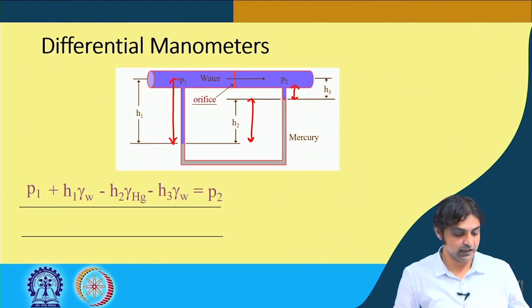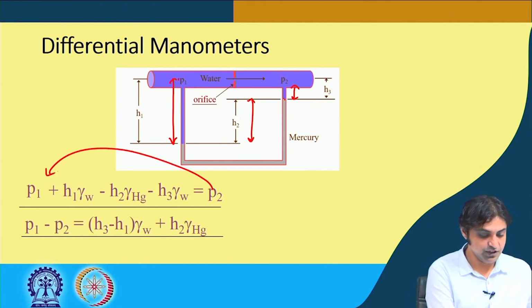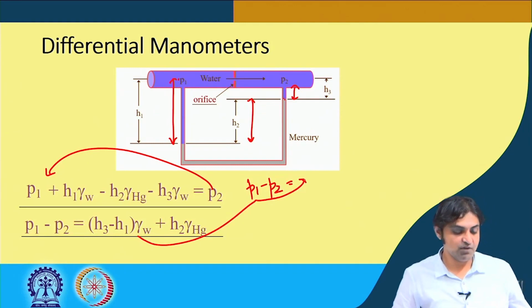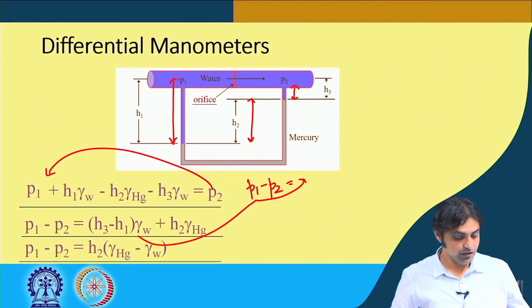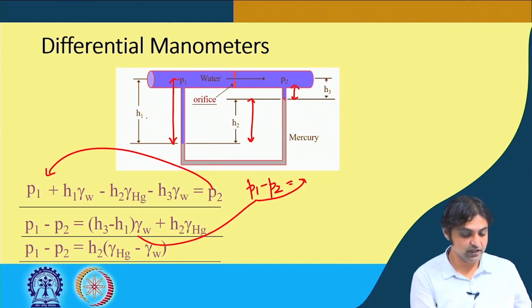Very simple equation, correct? We can bring P1 here and P2 here, and write P1 minus P2 is equal to (H3 minus H1) gamma W plus H2 gamma Hg. Or we can also write P1 minus P2, where H3 minus H1, or minus of (H1 minus H3), will be H2, right?